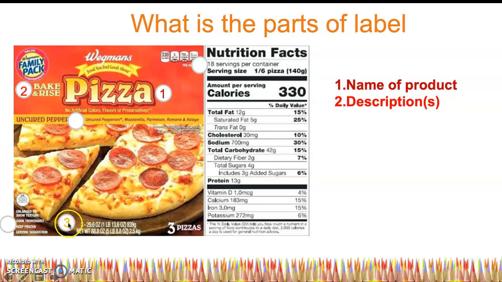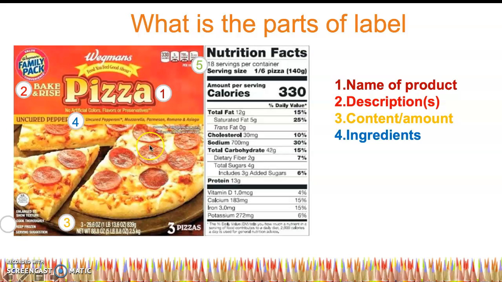Number 3 is content or amount, or in Indonesian we call isi. Isinya ada berapa? Okay, number 4 is ingredients. So there are some ingredients here. 1, 2, 3, 4, 5.